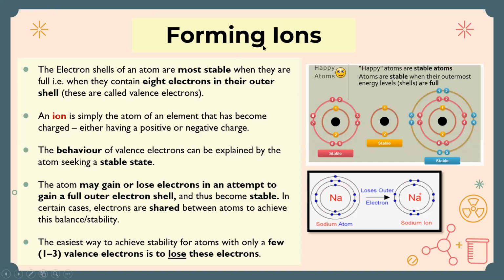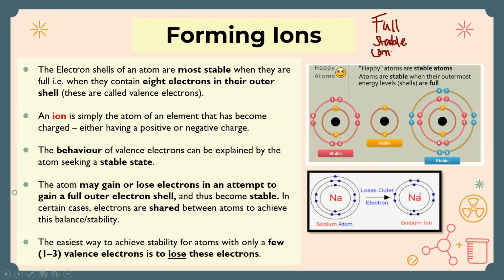So when we're talking about ions, on Wednesday we talked about this idea that in order for an atom to be stable and to feel complete, its outer shell has to be full. A full outer shell means that the outer shell needs to have 8 electrons. So a full or a stable or a complete outer shell has 8 electrons.